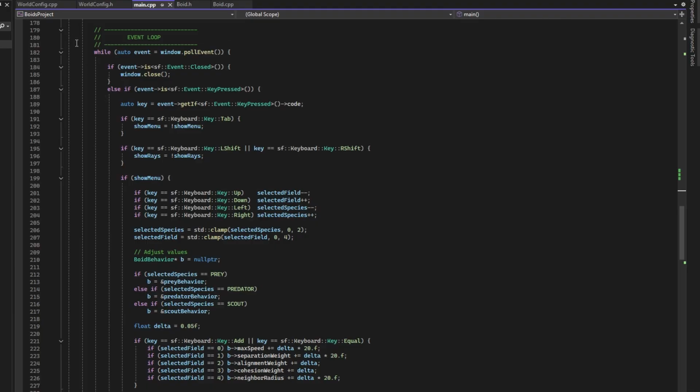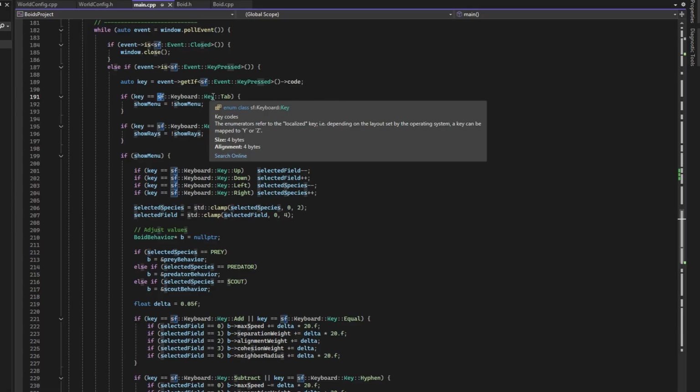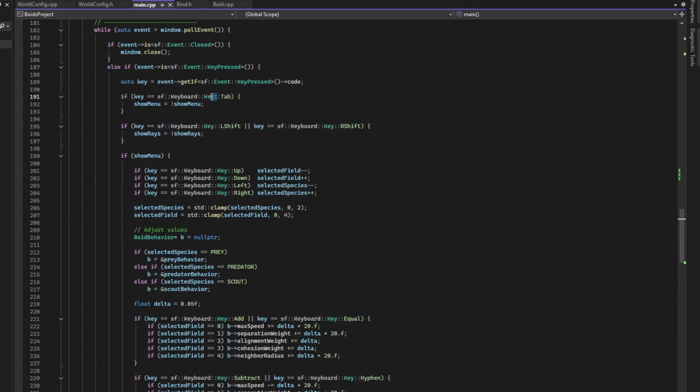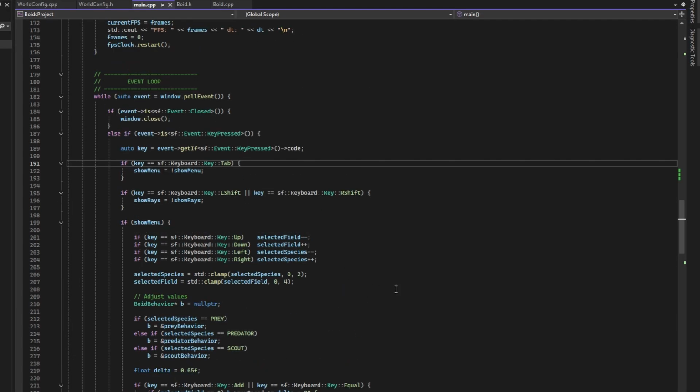This is where I set up the menu toggle, using SFML's keyboard, and the key enumeration underneath keyboard, which has every single key under there. So tab, left shift, right shift, up, down, left, right, equal or add if you push shift, and hyphen and subtract, so that I could get this menu to work properly.